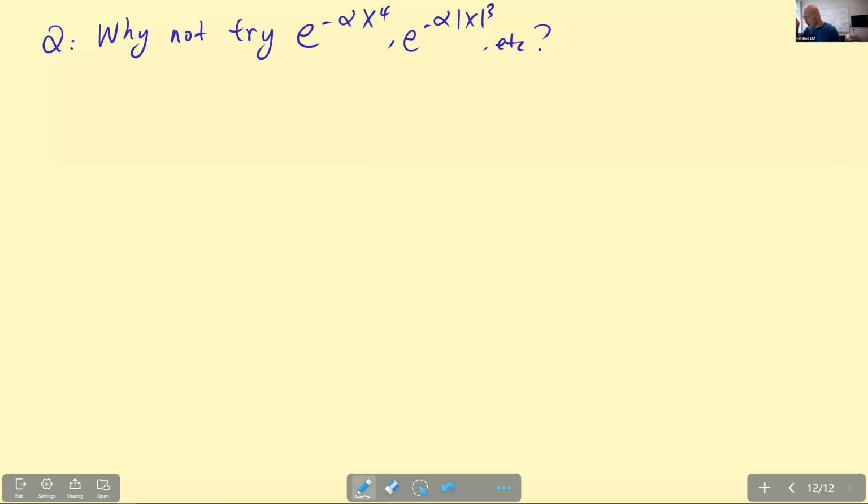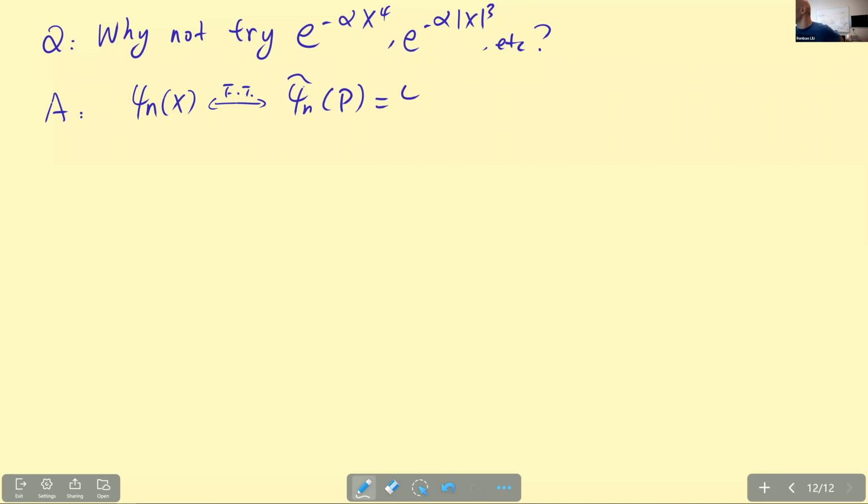Okay. So the reason is, remember ψ(x)? If we do the Fourier transform, you should get ψ̃(p).